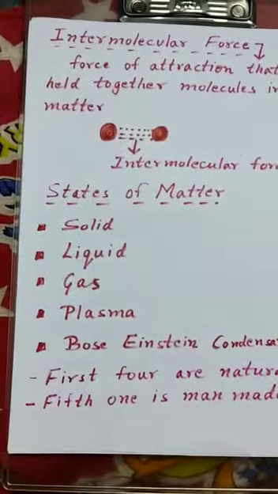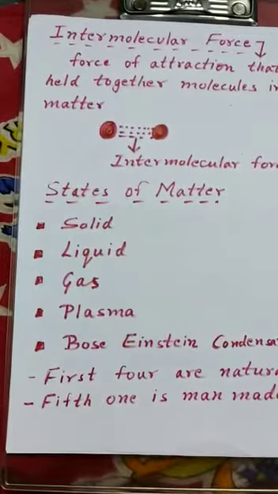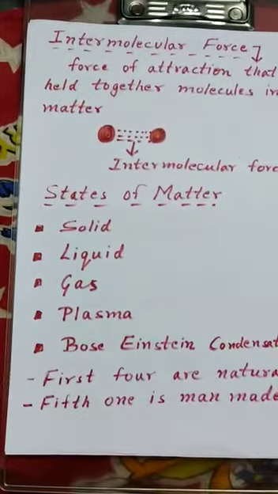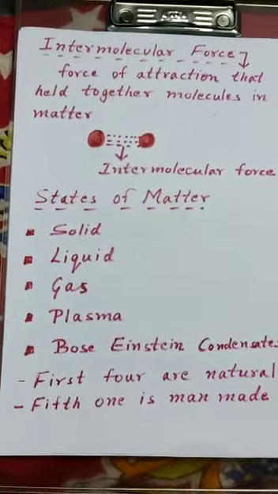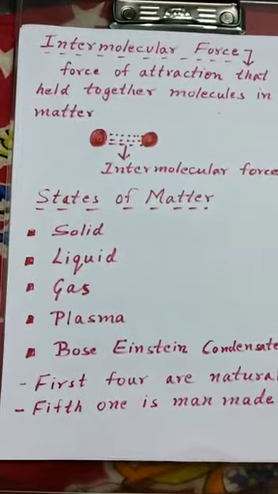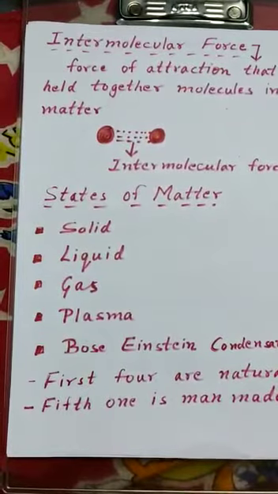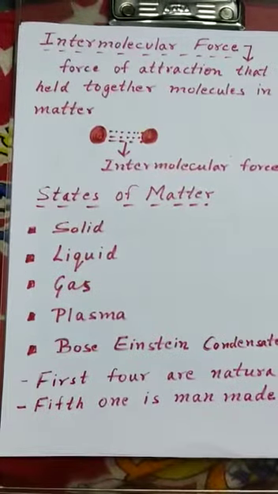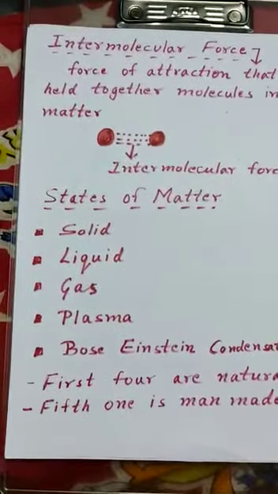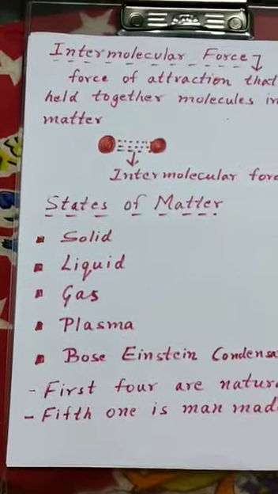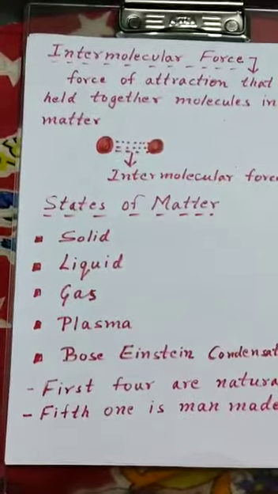The first four states are the natural states of matter, that is, they exist naturally. Whereas the fifth one, Bose-Einstein condensate, is a man-made state of matter.